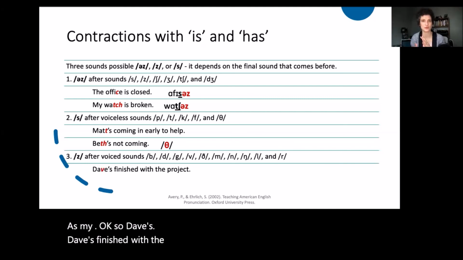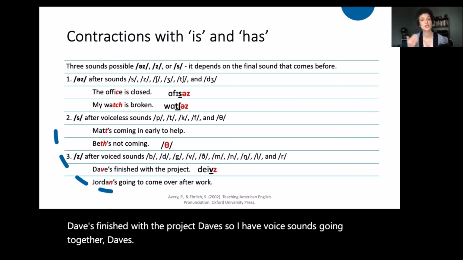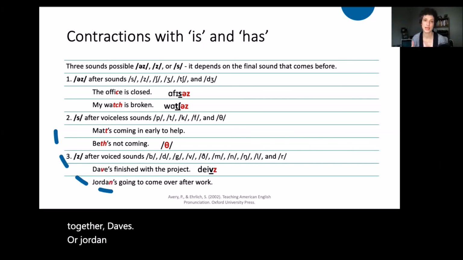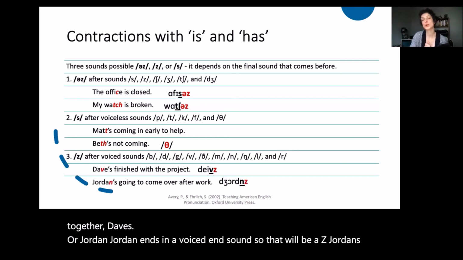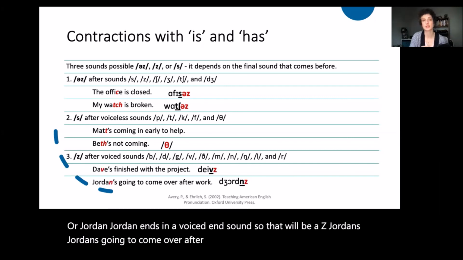Dave's, so I have voiced sounds going together. Or Jordan ends in a voiced N sound, so that will be a Z. Jordan's going to come over after work.